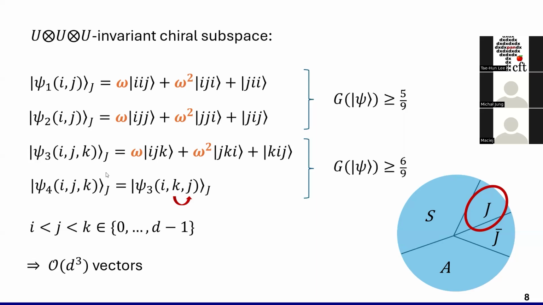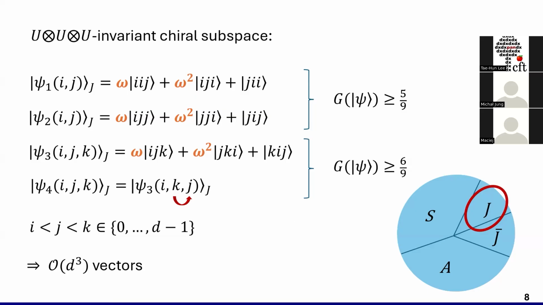Then for the other 2 types, which depend on 3 coefficients, we find an even higher geometric measure, which is 6/9, which also coincides with the geometric measure of some absolutely maximally entangled states.